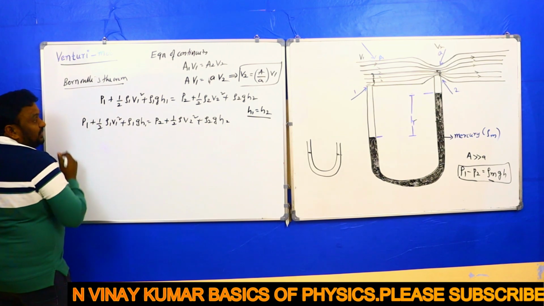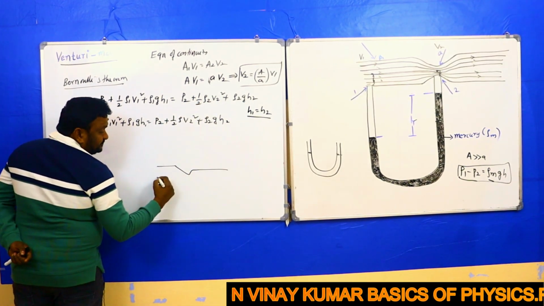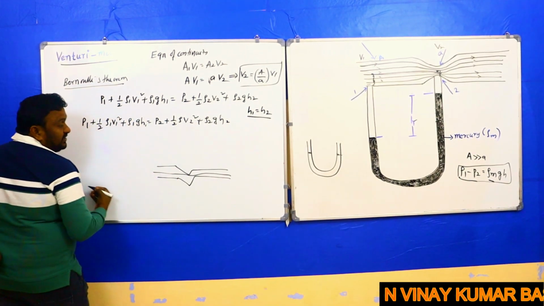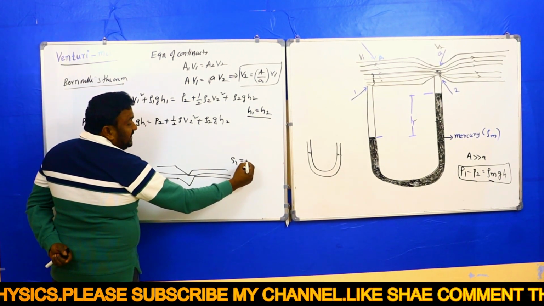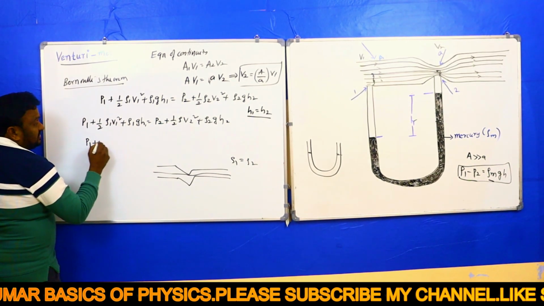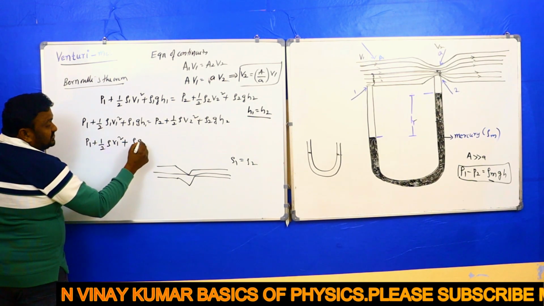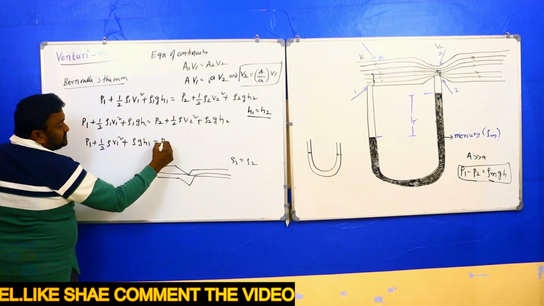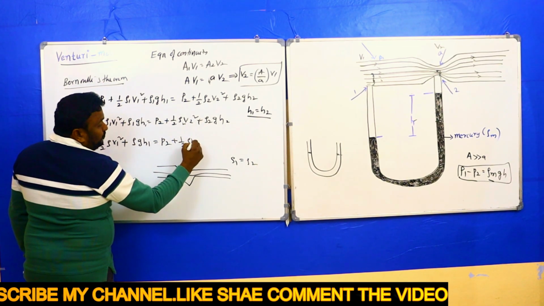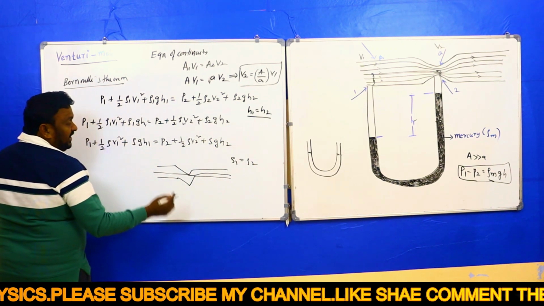The same fluid is passing through the pipe, so we have to say that rho1 is equal to rho2. Then we can write P1 + (1/2) rho V1² + rho g h1 = P2 + (1/2) rho V2² + rho g h2.